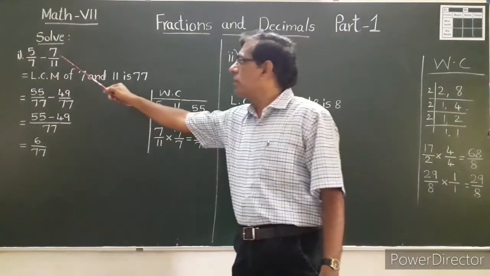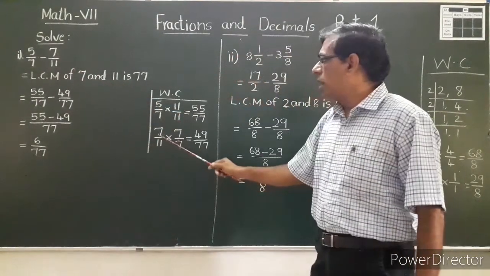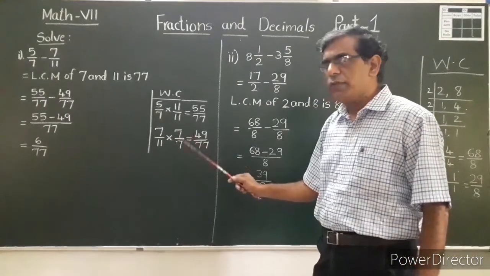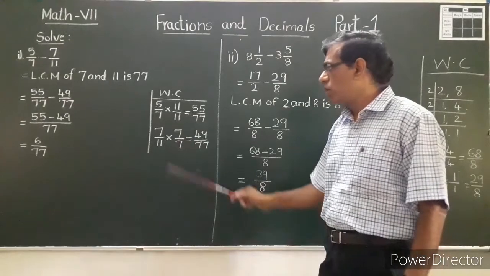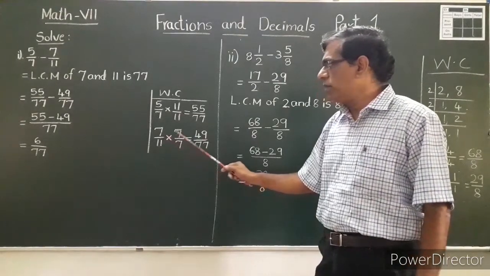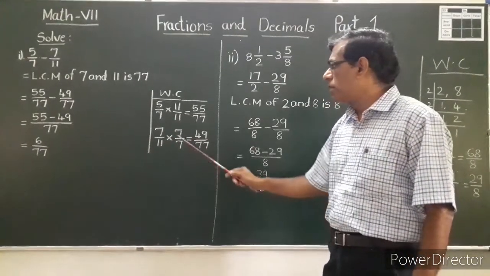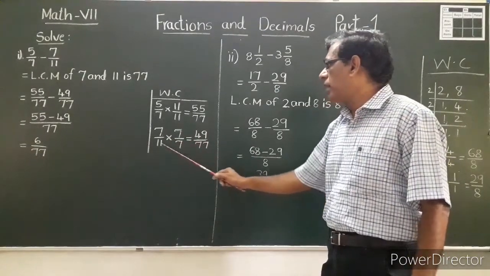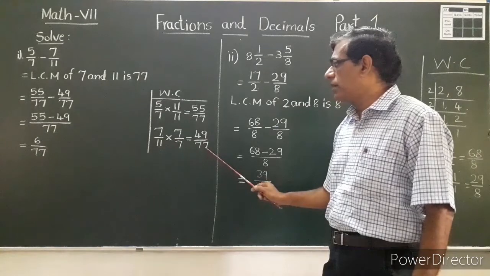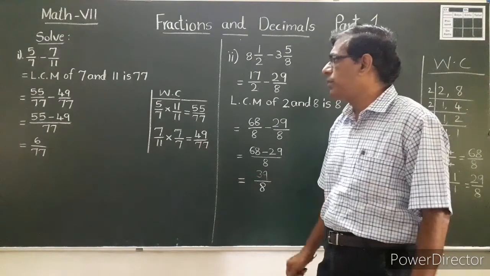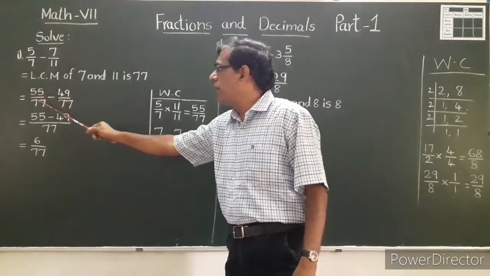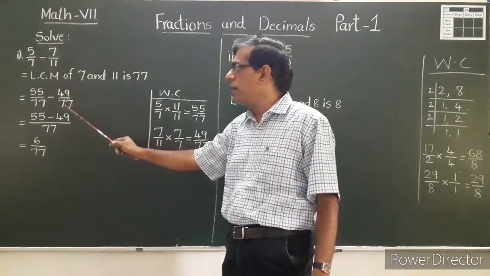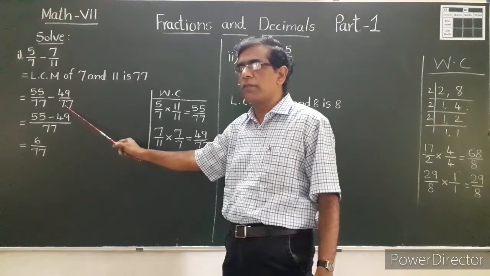The second fraction, 7 by 11. 7 by 11, I will multiply and divide by 7. 7 by 11 into 7 by 7. 7 times 7 is 49, divided by 11 times 7 is 77. So 55 divided by 77 minus 49 divided by 77.